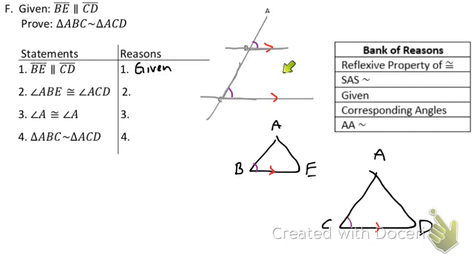If you notice, when I make the drawing like this, these angles are corresponding. This is one of the postulates we got to be able to see. They match, they correspond. When you have parallel lines and a transversal, corresponding angles are always congruent. So there's my reason. Corresponding angles are congruent.